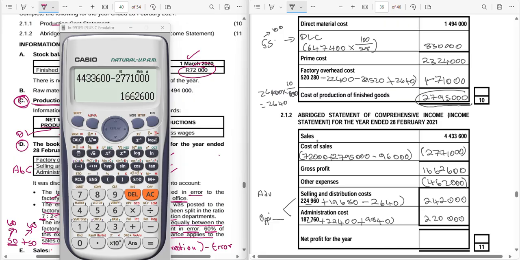So you will take your sales, you open your bracket, you do your cost of sales, your finished goods at the beginning, plus your cost of production of finished goods minus the finished goods at the end. You get what? That total you minus with the sales, you get your gross profit. So now we want the total there. Gross profit minus expenses, we get what? Our net profit for the year.